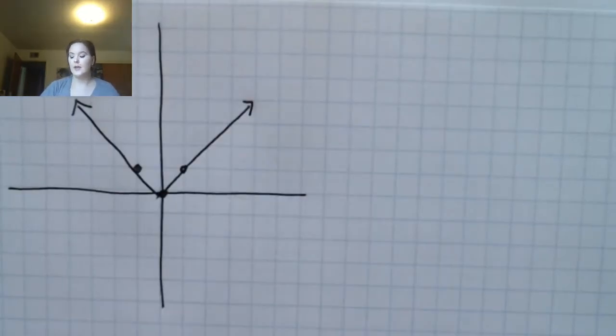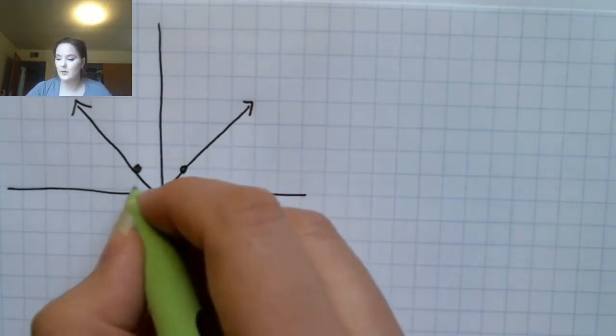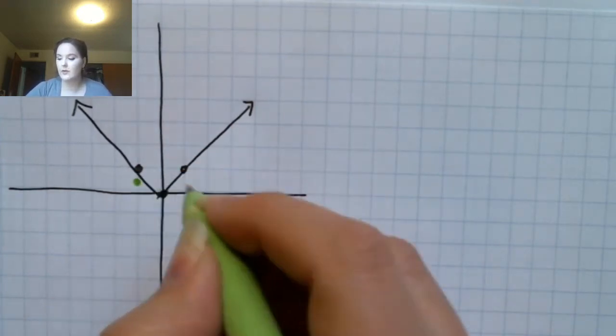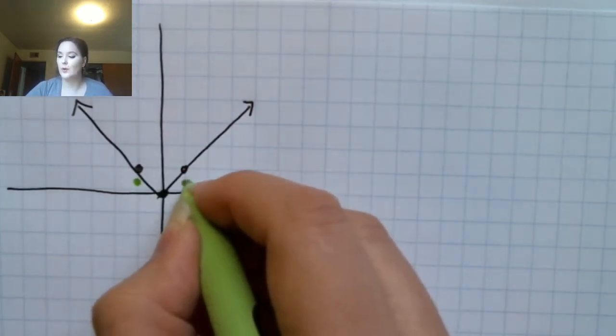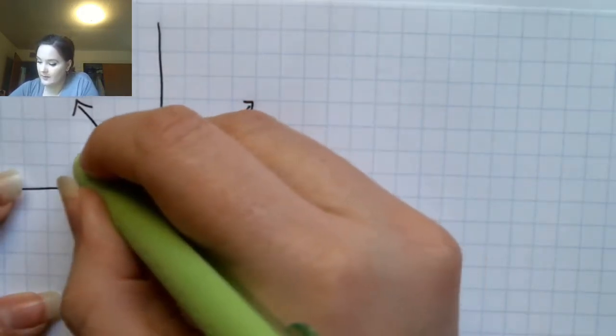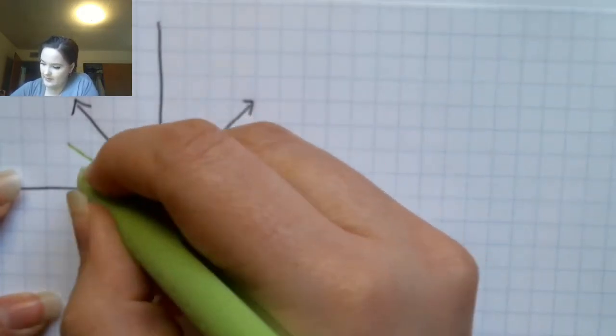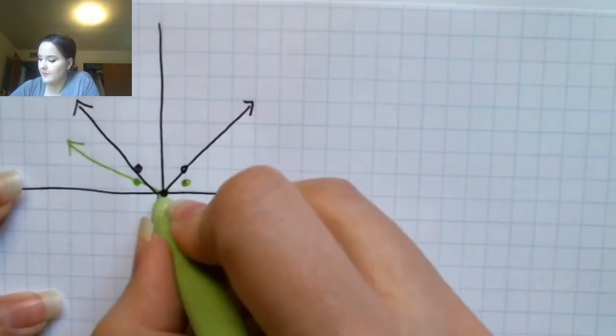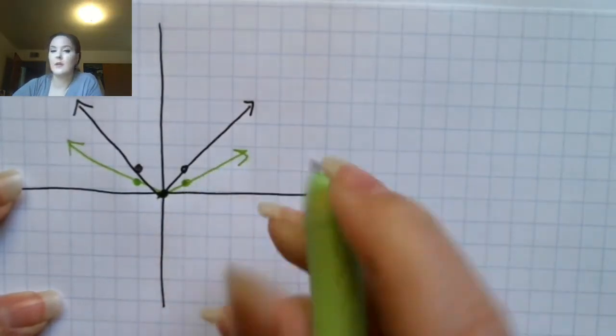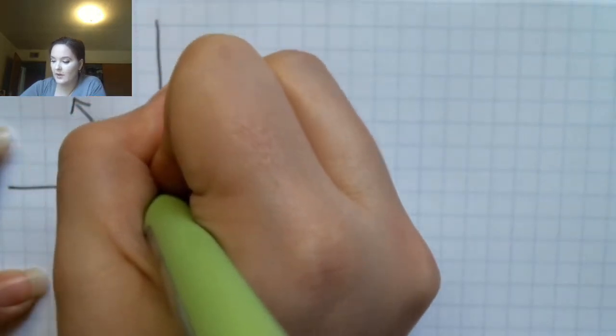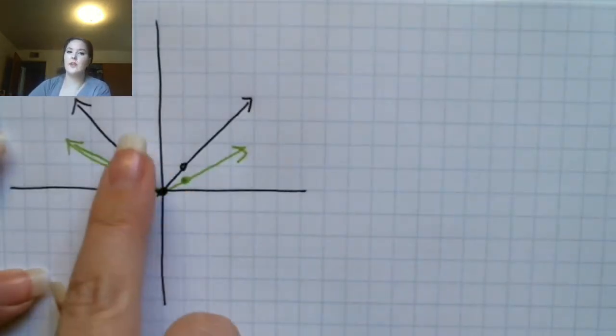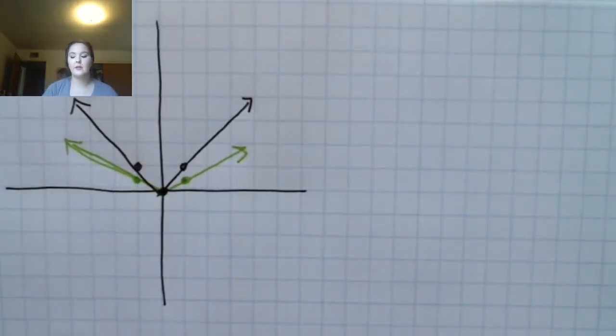And now we're going to draw in our transformation using those key points: -1, 1/2, 0, 0, 1, 1/2. So you can see the V shape is much wider and shorter than the original graph.